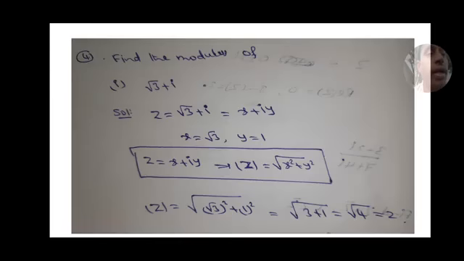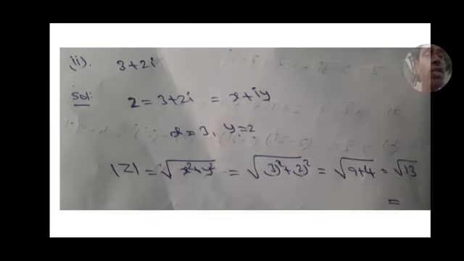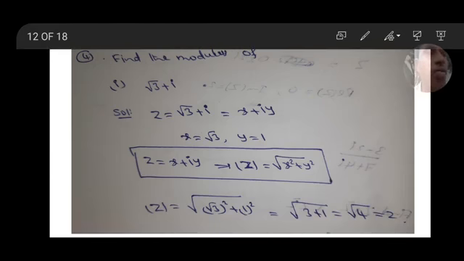Okay. Next, find the modulus of the following complex numbers. First one, root 3 plus i. I am comparing this given complex number z equal to root 3 plus i with x plus iy. What is x, the real part? That is root 3. And what is y? y means the i coefficient, the imaginary part, and the i coefficient is 1.